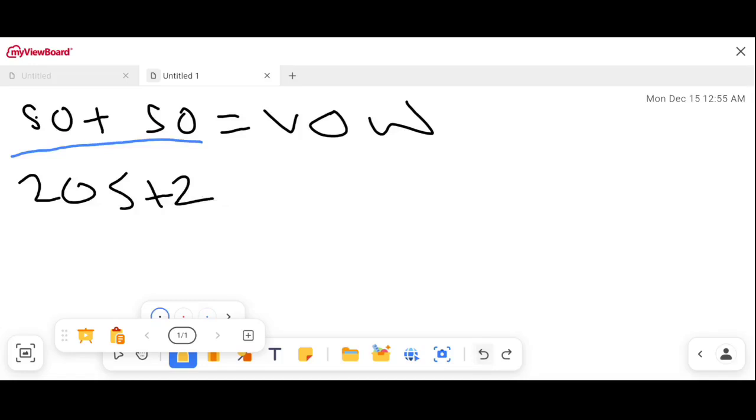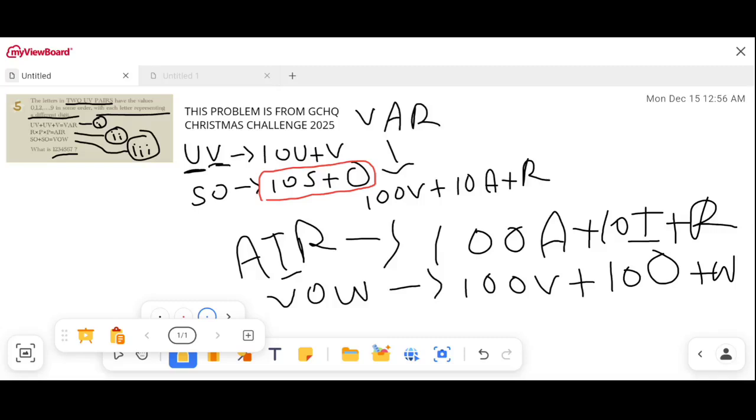This is O, okay? 2O, and this is S, not 5. 20S. And on this side, VOW, we know that it was 100V plus 10O.